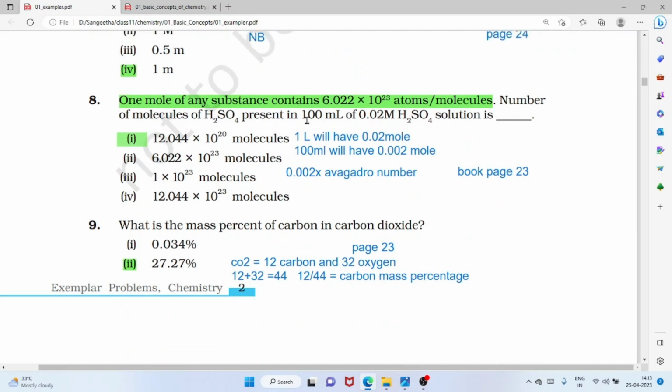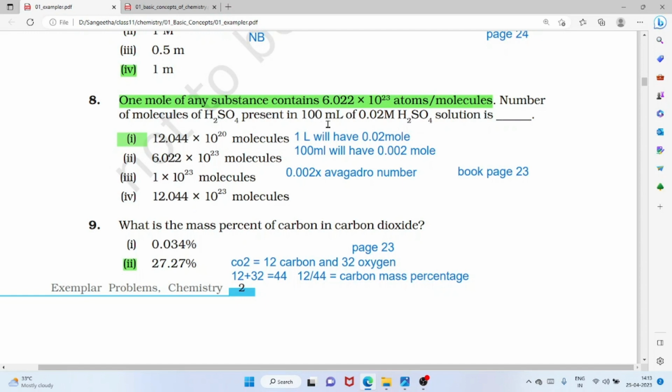One mole of any substance is the Avogadro number. The number of molecules of H2SO4 present in 100 ml of 0.02 m H2SO4. 0.02 m means 1 liter will have 0.02 moles.